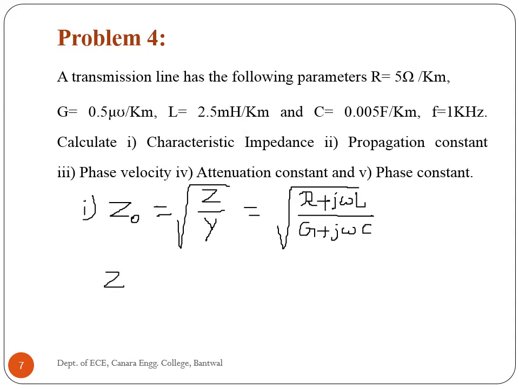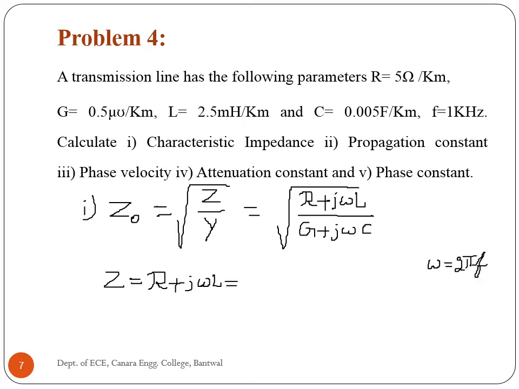So what is Z? Z is equal to R plus J omega L. Omega is equal to 2 pi f.